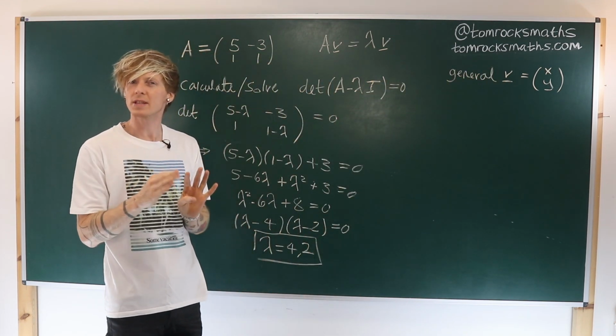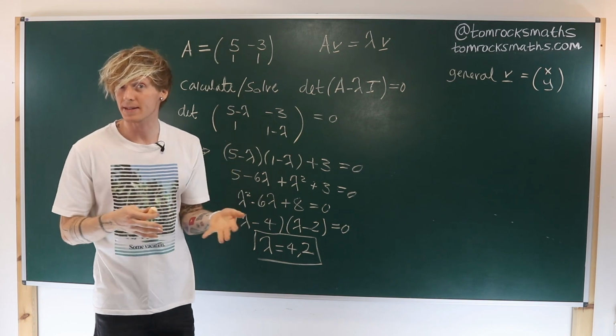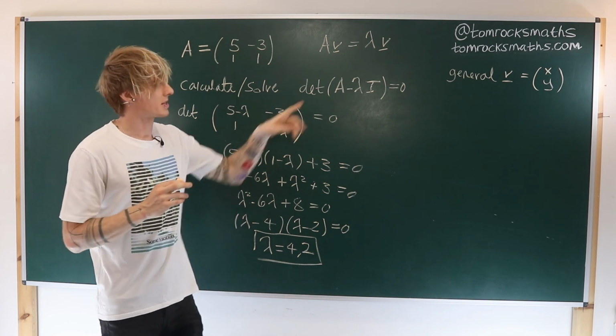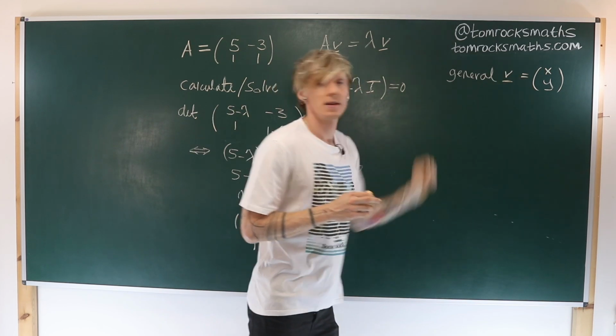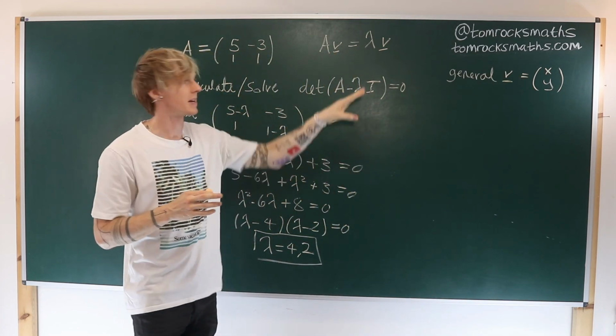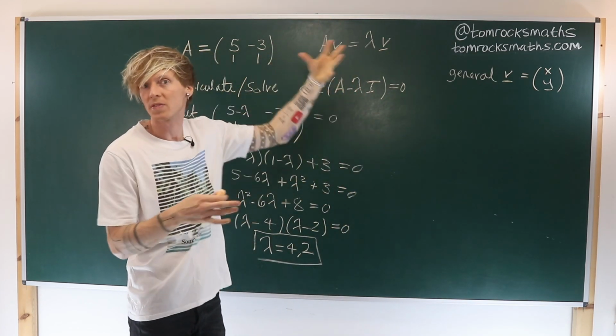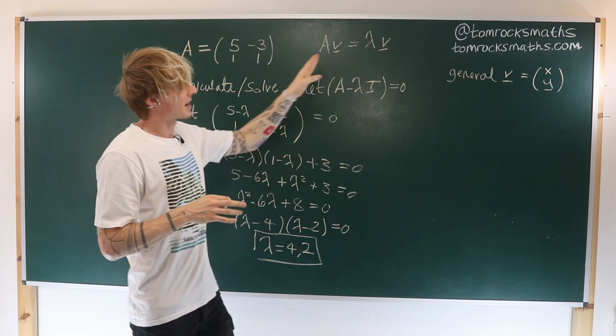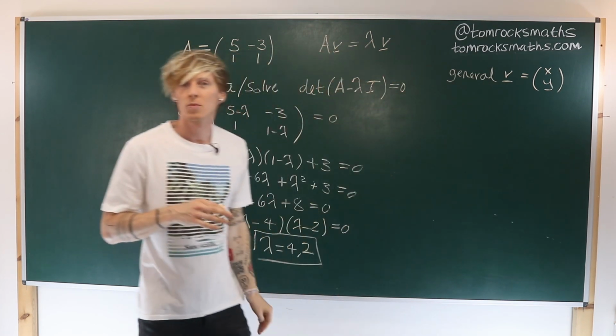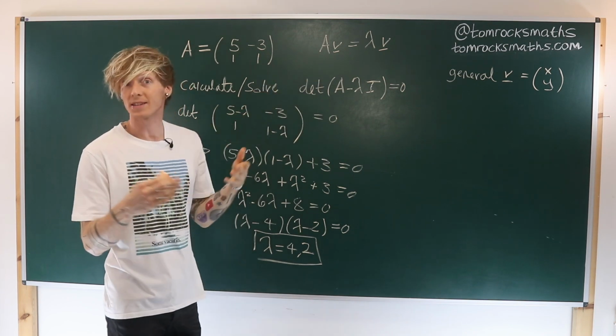And we need to find the direction of this vector. Now there's an important thing to spot at this point in the calculation, which is to say if v, some vector, satisfies this equation once we've fixed lambda, then in fact any multiple of v will also satisfy this equation.